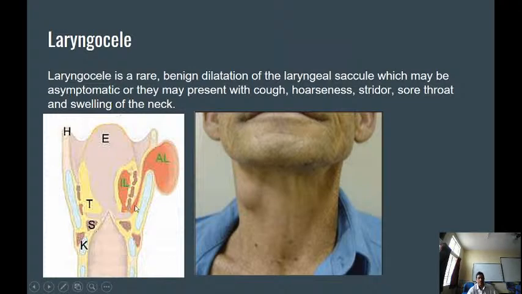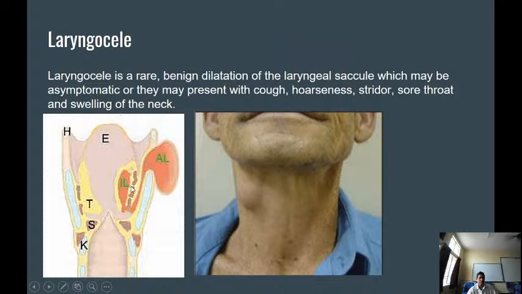There is also a membrane called the thyrohyoid membrane, which is pierced by the superior laryngeal nerve and the blood vessels which enter into the larynx.